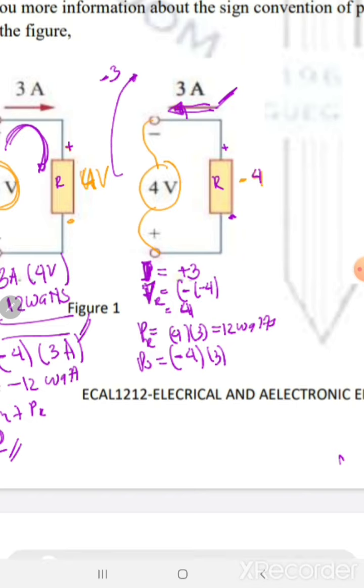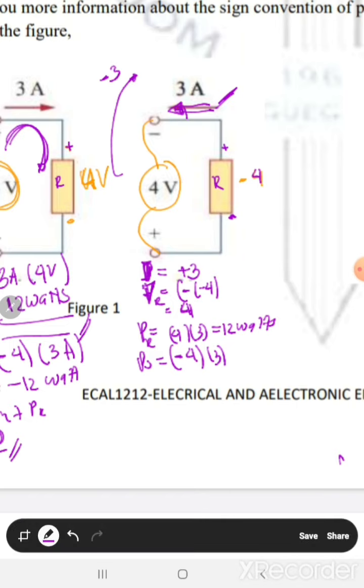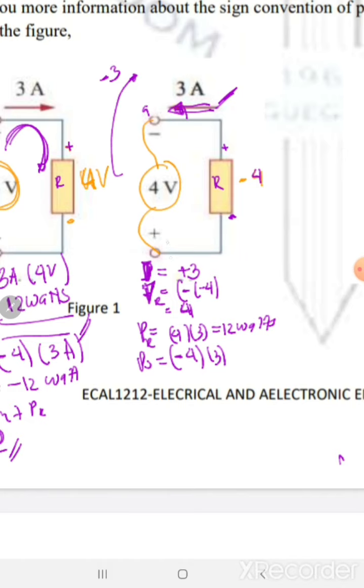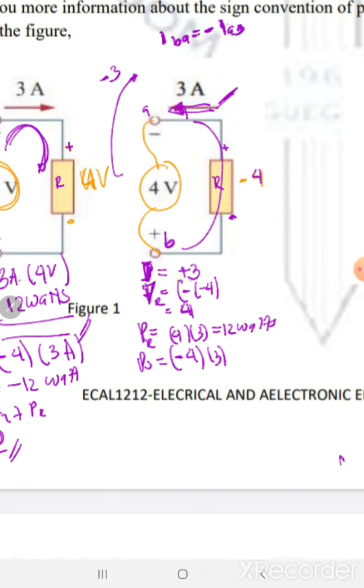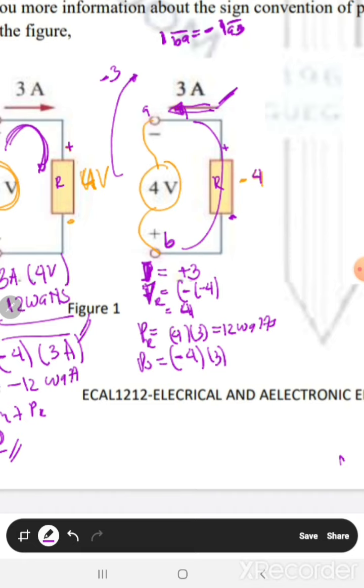Okay? So, let's say, so you won't be confused, let's just use AB. Your I, BA is equal to negative of your I, AB. Okay? It looks better that way. So, we have negative 4 multiplied by 3, we have 12 watts.